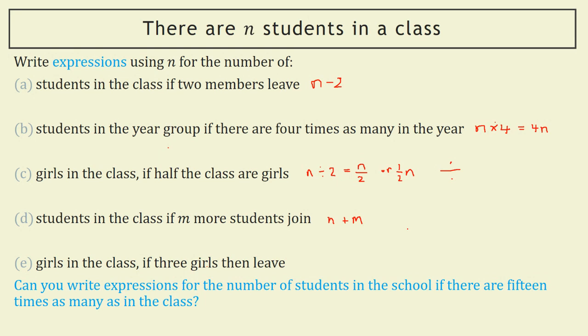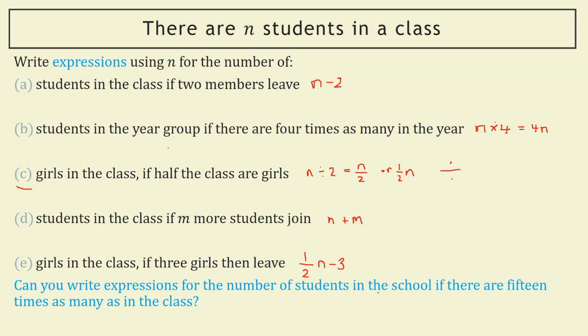And the number of girls in the class if 3 girls then left. Well, we know from part C how many girls are in the class. There are n over 2 or half n. That's how many I did have. They were the girls. But 3 have left, so I have to take 3 away from that.